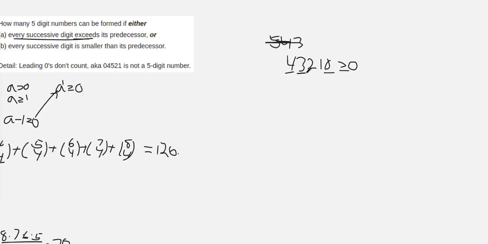So again, I'm going to have these bars, and we're going to have strictly decreasing, and again this is less than 10. So we can still look at the differences between each pair of consecutive digits. But here, this first plus, as we see here, can be a 0. But the ones after it have to be positive.